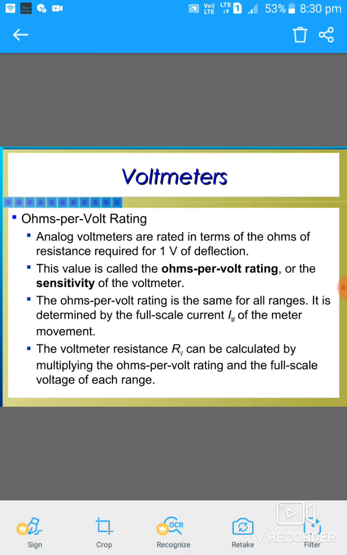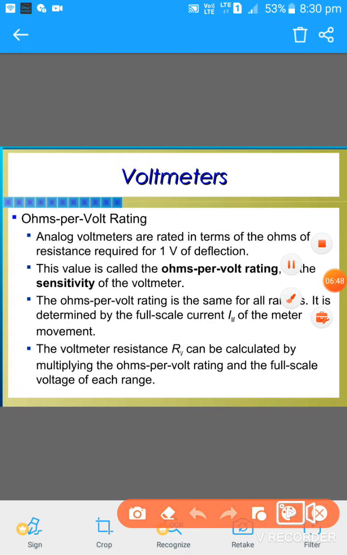Then the main functioning of the voltmeter: ohms per volt rating. Analog voltmeters are rated in terms of the ohms of resistance required for 1 volt of deflection.